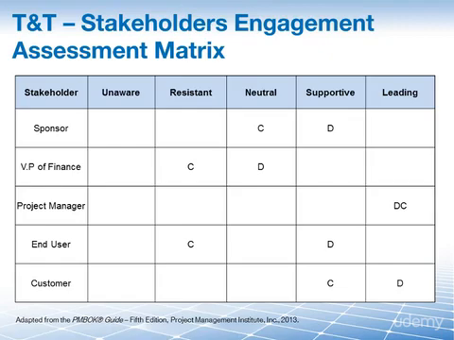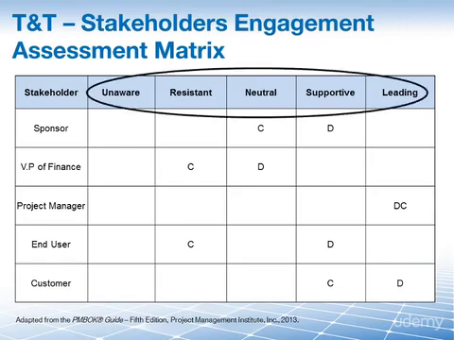The engagement level here in this particular matrix is at the top. We have classified them as unaware, resistant, neutral, supportive, or leading. And by the way, you only see two letters in here. You see C's and you see D's. C indicates the current engagement level for each stakeholder, and D indicates the desired engagement level for each stakeholder.